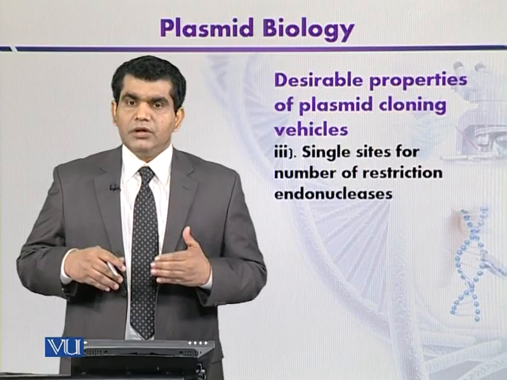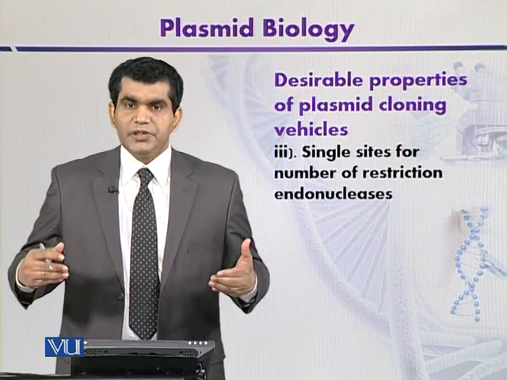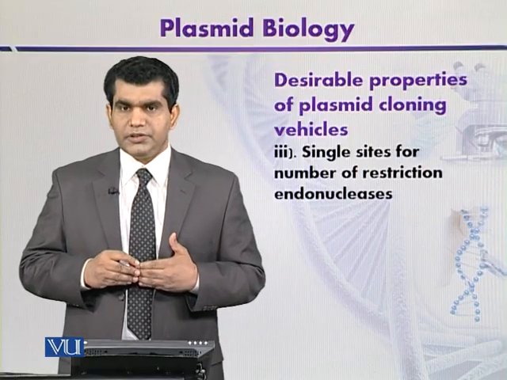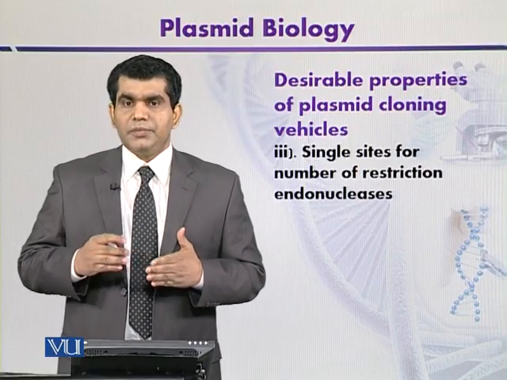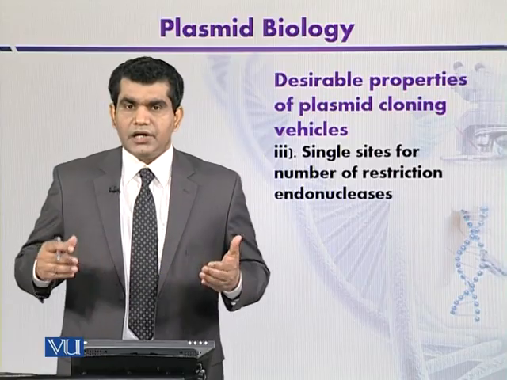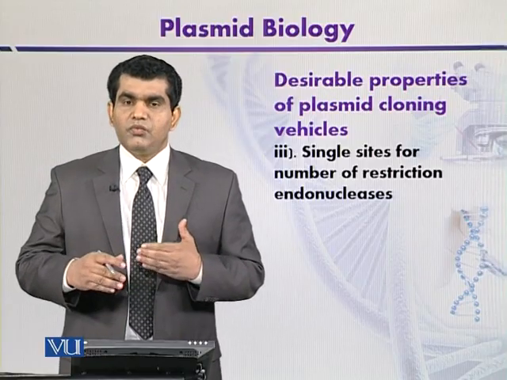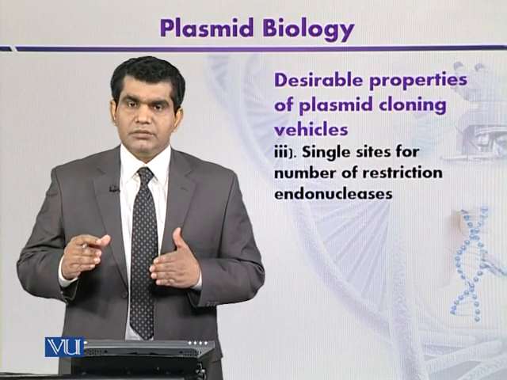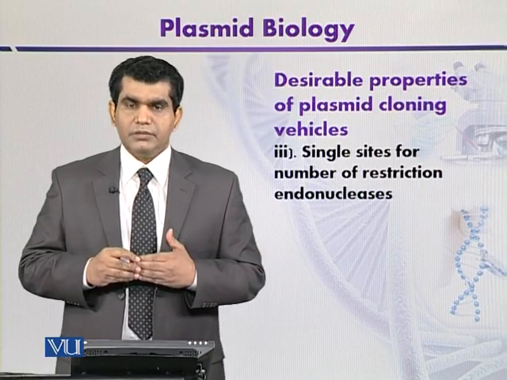Secondly, low molecular weight plasmids are mainly present as high copy number plasmids. Their number per cell is high, so that we can clone a number of target DNA by using high copy number plasmids.